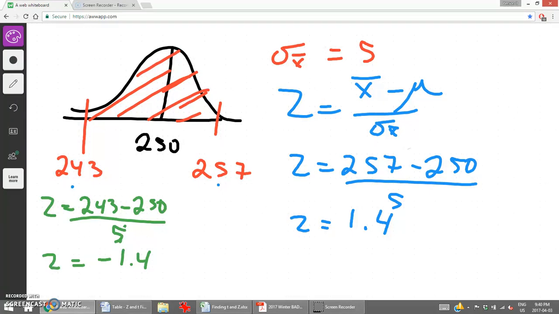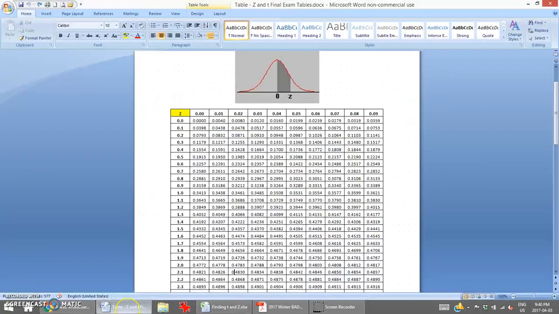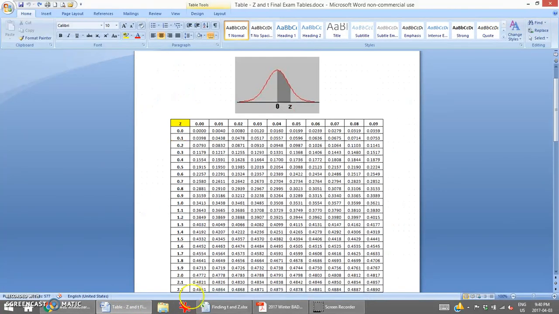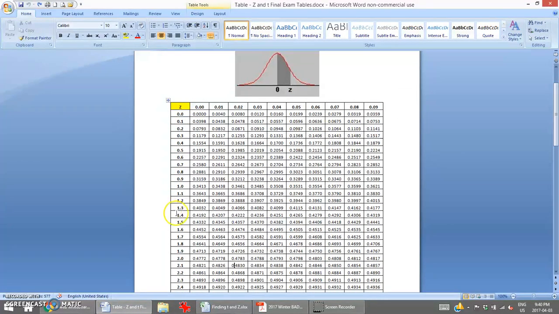The second step is taking that Z value, and they're both the same value, just that one is negative. So we look at the area that corresponds to Z value 1.4. We look at our normal distribution chart. Z value 1.4 and 1.40, so the area is 4192.